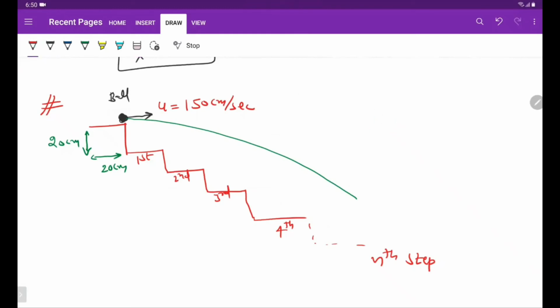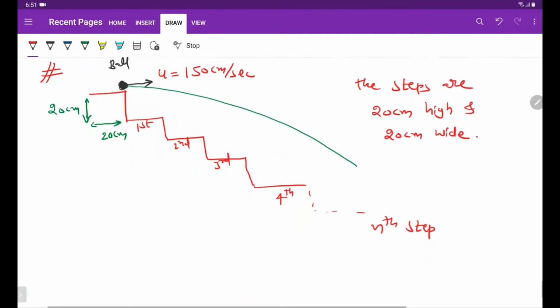Given that the steps are 20 centimeter high and 20 centimeter wide, each height and each width is given. On which step does the ball hit first? That is the question.